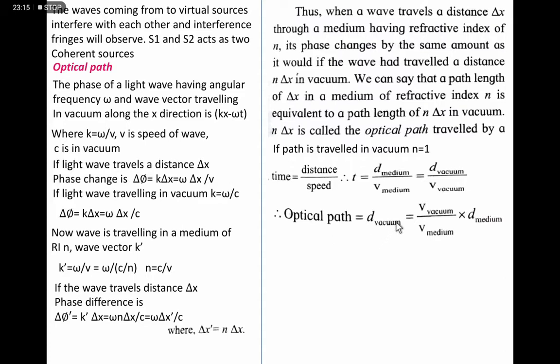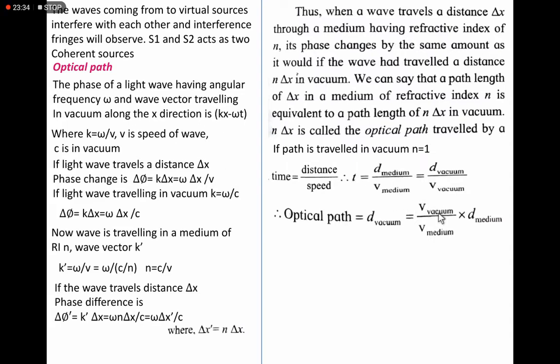Optical path means the path traveled by the light waves in the vacuum. So on this side, that is V in vacuum divided by V in medium.